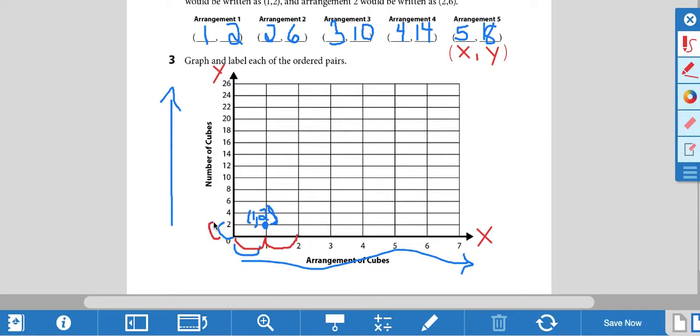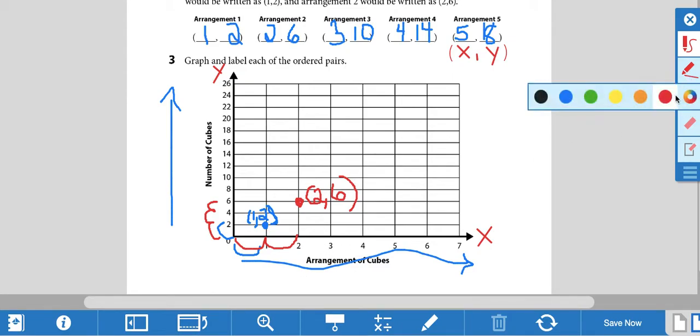So I'll go 2, 4, 6. Then I'm just going to match those up, and I'm going to write the ordered pair here. It's really hard to write on this whiteboard. 2, comma, 6.